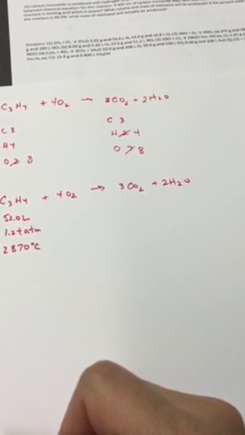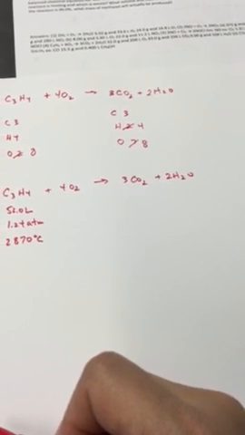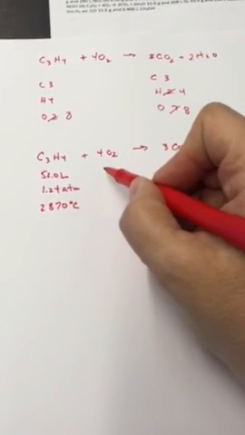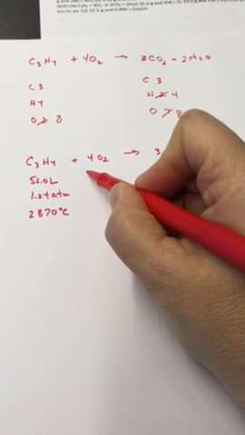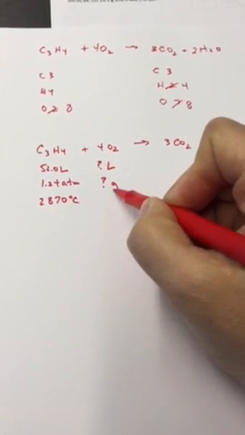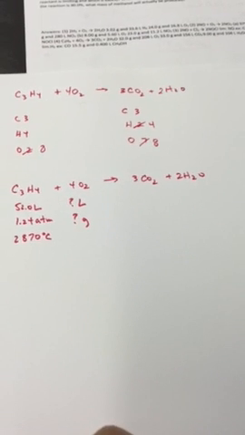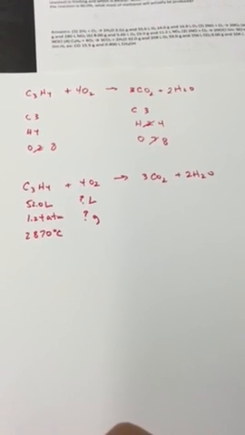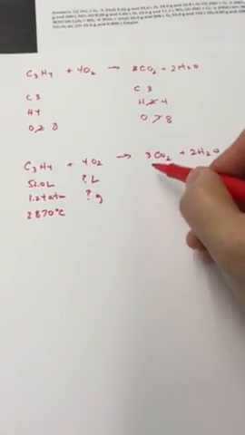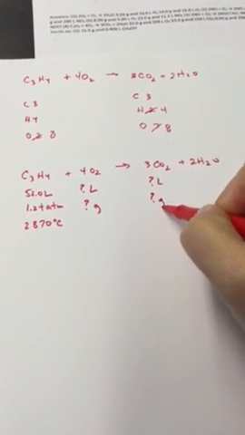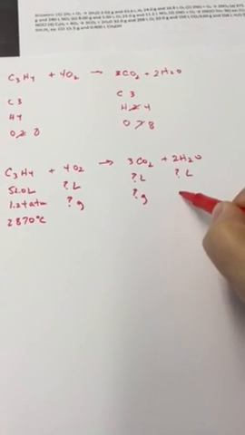And we want to find out what volume and mass of oxygen is required, and then they're going to ask us for, I think, carbon dioxide and water. Both liters and grams.